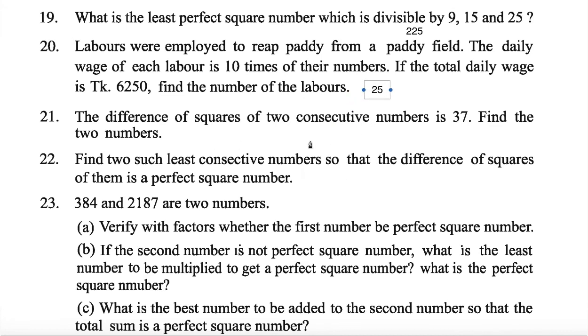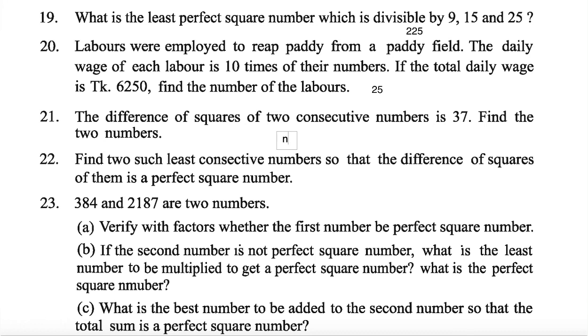The difference of squares of two conjugate numbers is 37. Find the two numbers. First you frame a mathematical equation for this condition. Let n be a number, n plus 1 is the other number.